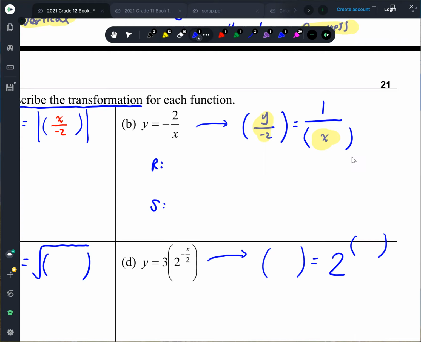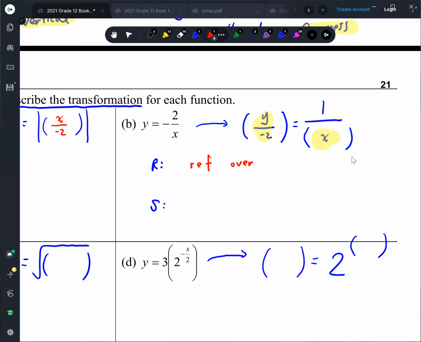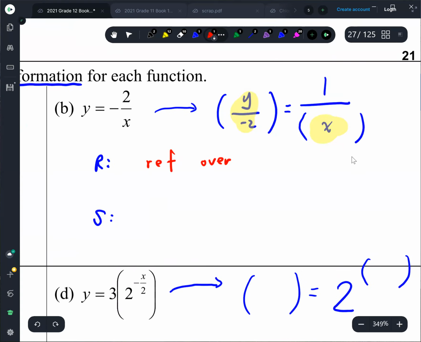Vertically expand by 2. Reflection first. Reflect over the y-axis. Wait, hold on, why is it the y-axis? Look at the form.